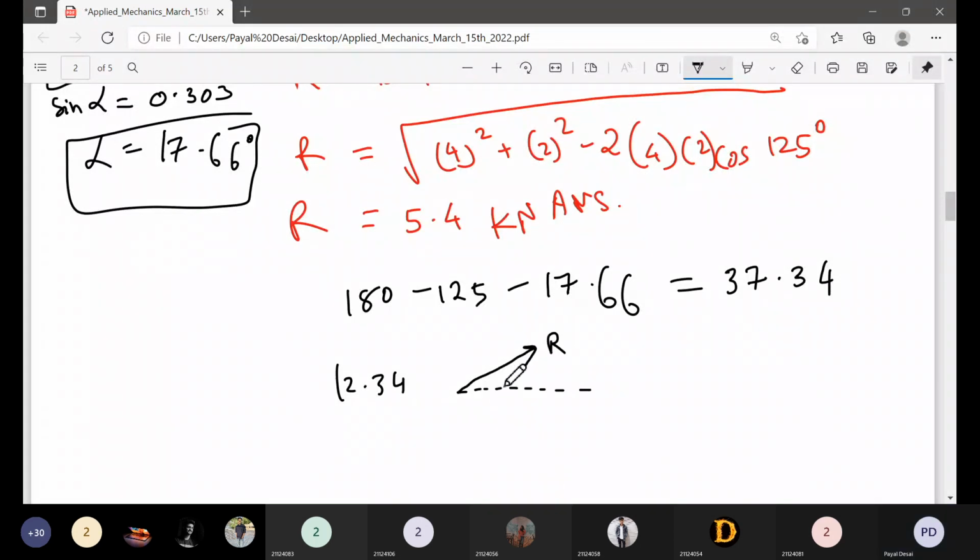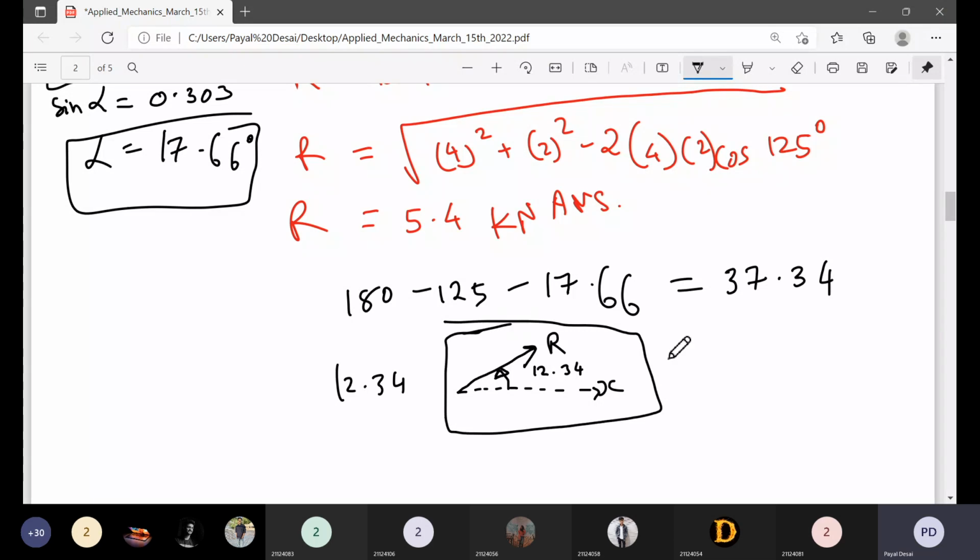Whenever you have to measure direction, measure from the positive x-axis in the counterclockwise direction, that is 12.32. Always write, whenever the example asks you to find the resultant, also write the magnitude, that is 5.4. This is how you have to represent the answer. So this is your resultant, 5.4 kilonewton, and the direction you show like this: x-axis counterclockwise, whatever angle you are getting, in degree.